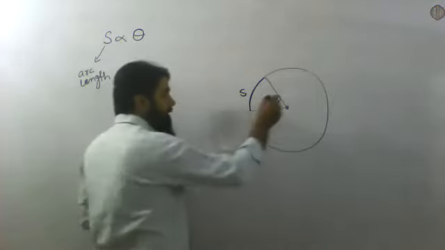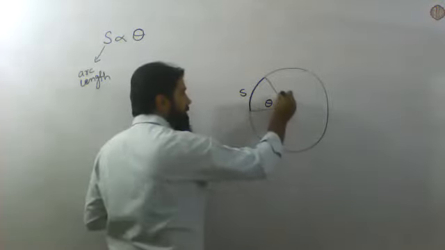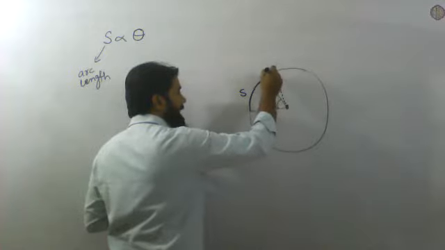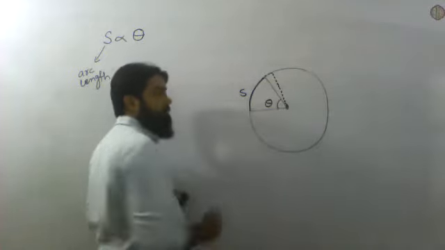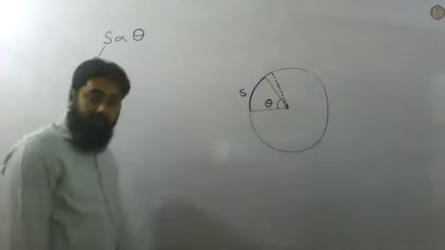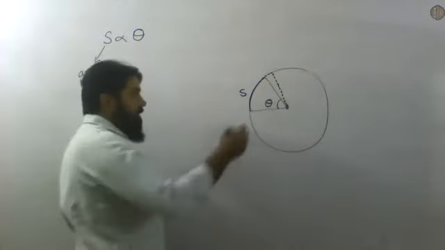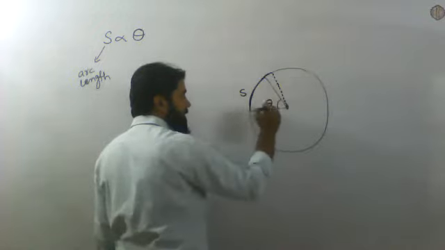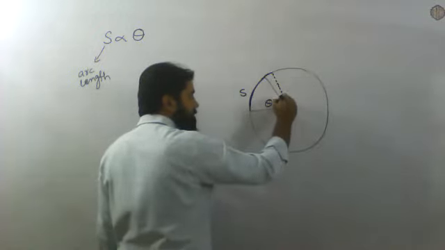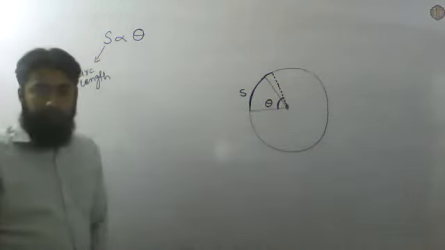So, for instance, if I am saying that my S is increasing, it means that if S is increased from this point to this point, my theta will also increase.